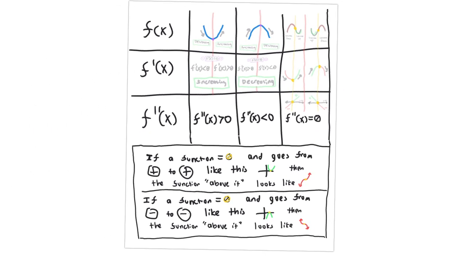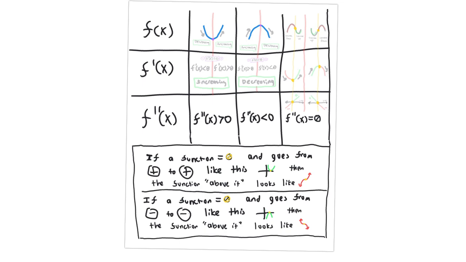I made this table, and it's a great table to use if you want to understand the visual relationship between the second derivative and the original function, the first derivative and the original function, and the first and second derivatives' visual relationship to each other.